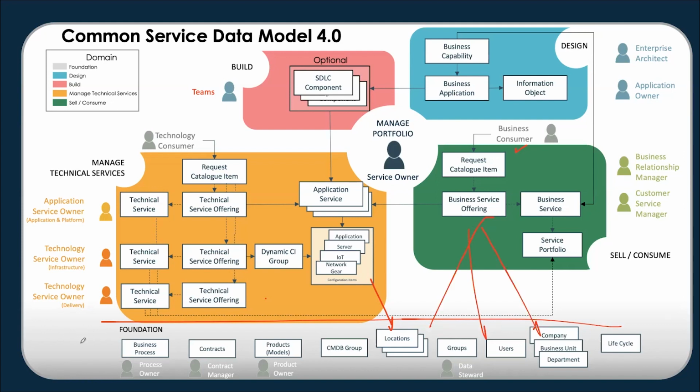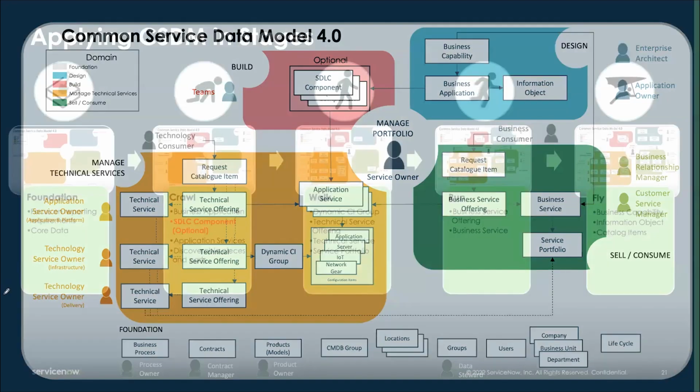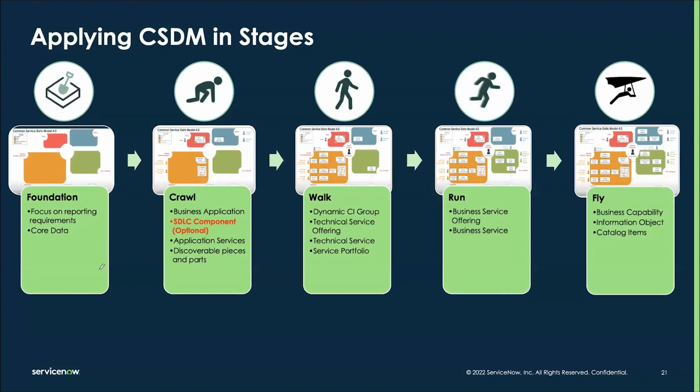And we have something called the crawl, walk, run, fly methodology. This isn't cast in stone, but this is where customers get that breakdown. So start with that foundational data on the bottom, like the locations, so that as you populate other information and reference this information, it's right and it can be referenced. If you don't have locations, you can't reference them.